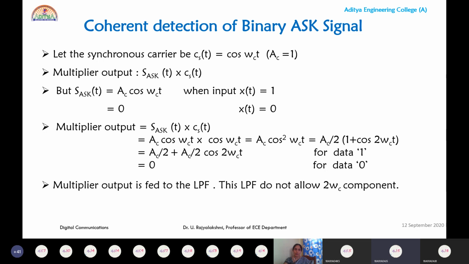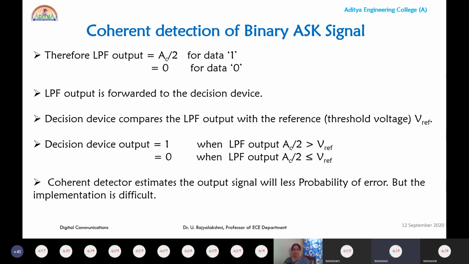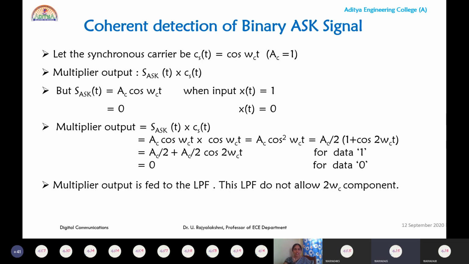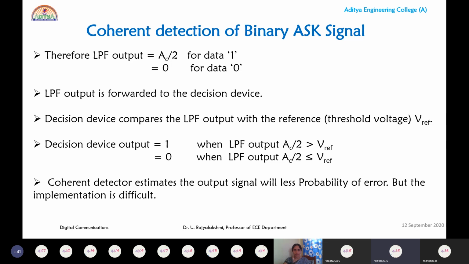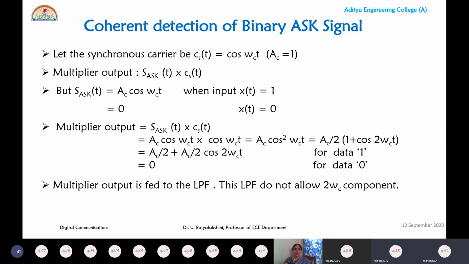Now that is applied to the low pass filter. What is the low pass filter output when the carrier is AC cos omega ct? AC square by 2. Yes, it is only AC square by 2, because AC cos omega ct into AC cos omega ct gives AC square cos square omega ct, so it will be AC square by 2 plus AC square by 2 into cos 2 omega ct.